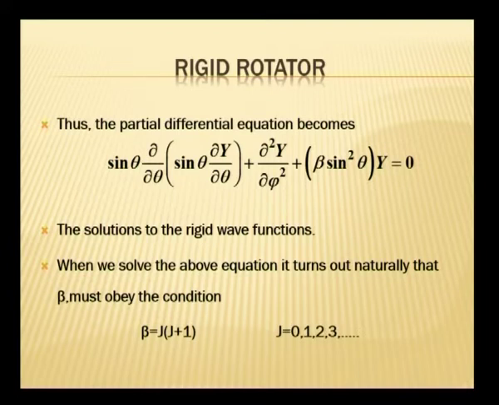The solutions to the rigid rotator wave functions can be obtained when we solve the above equation. It turns out naturally that beta must obey the following condition. Let us have a short break at this point.